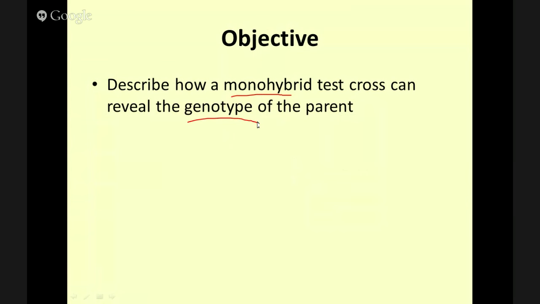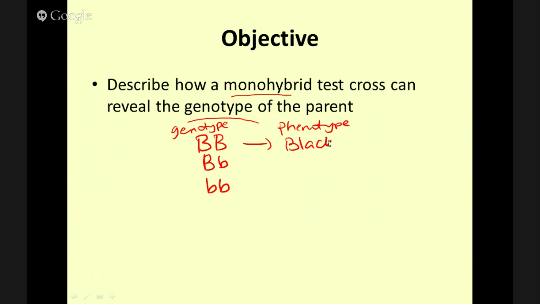So remember, your genotype is your genetic code, like big B, big B, big B, little b, little b, little b. These are all genotypes. So your genotype tells you which genes you have in your DNA, and then your phenotype tells you what your individual looks like. So big B, if B was fur color, would be black.